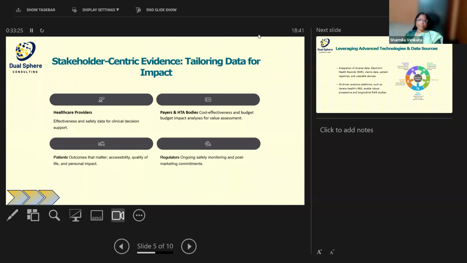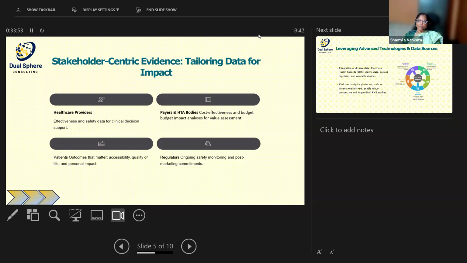For example, for a cancer drug, a patient might focus on side effect severity, for example hair loss, nausea, fatigue, right? Treatment frequency, once a month versus daily, how they want to take it, and whether it allows them to live more comfortably during treatment. So all these things come into the patient view.